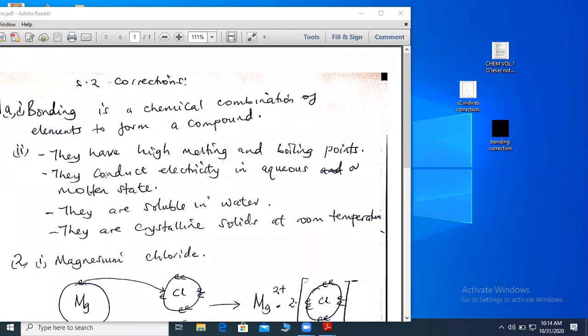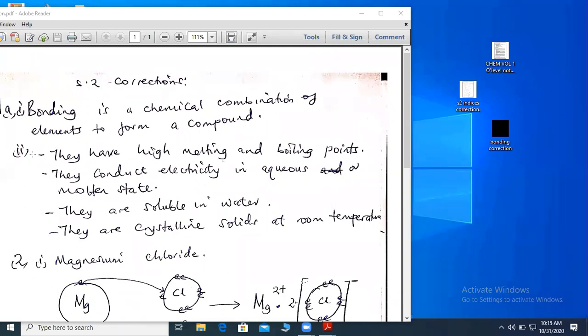So the question was, give the physical properties or characteristics of compounds that are formed by ionic bonding. I had asked for 4. And by the way, I can ask for differences. The property that I give you for compounds formed by ionic bonding should be the opposite of the compounds formed by covalent bonding. You get that?